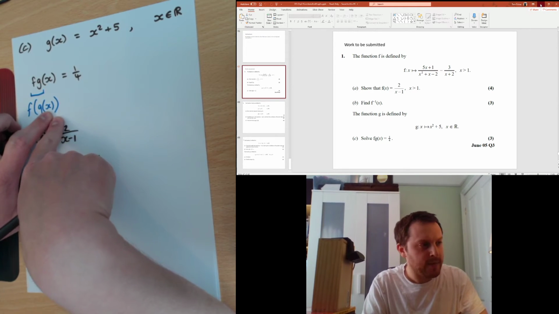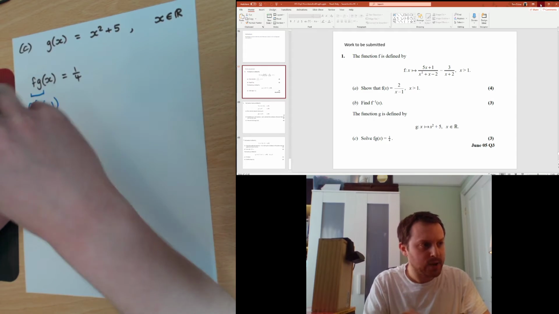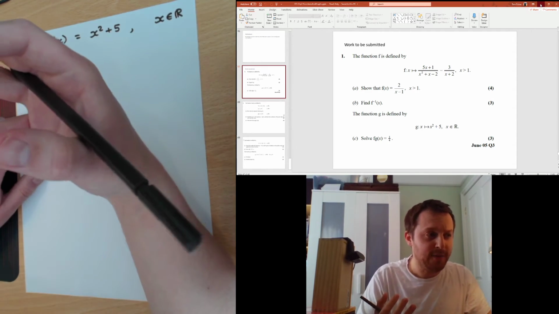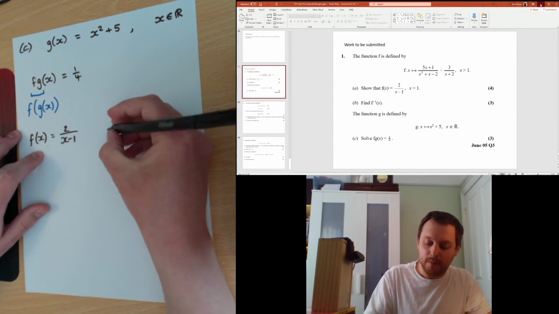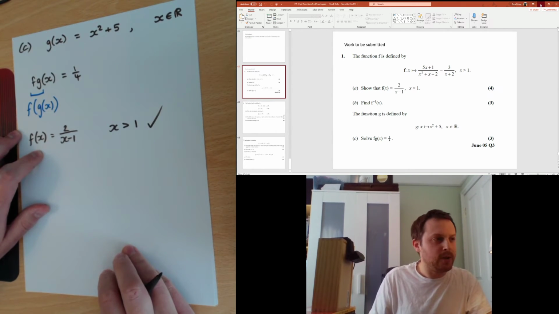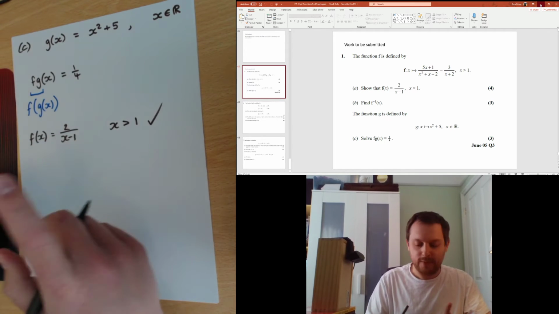So you're going to put a value of x in to g, and it's going to give you something. Well, it's going to give you something greater than 5. It's certainly going to give you something greater than 1. So x is greater than 1 is going to be okay no matter what x actually is. If that makes sense, right?